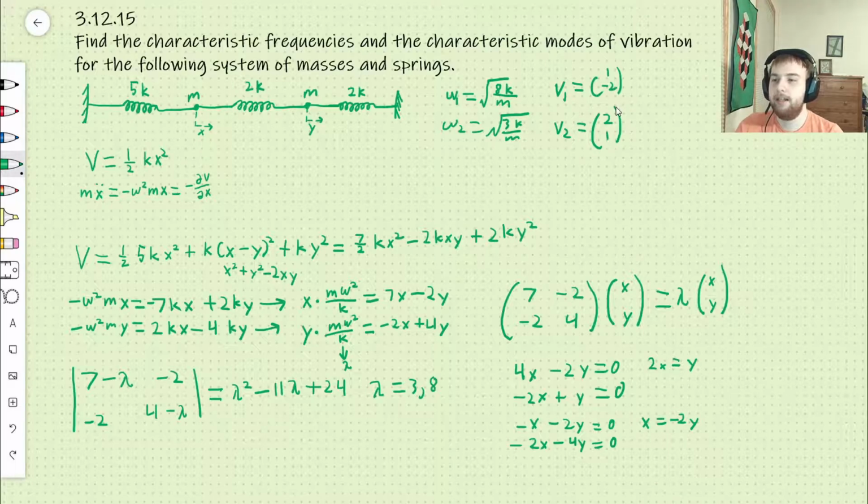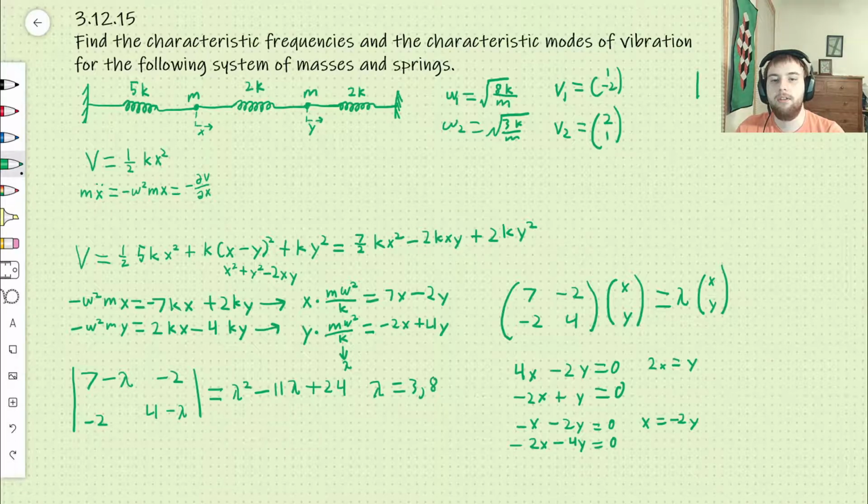Okay, and applying this to this problem here, what exactly does this mean? So we have our one mass here, our other mass here. Well, here, I'll draw a little better there. Okay, so this means that when our frequency is this here, and remember that the top one is x and the bottom one is y, if this goes over this amount, this other one is going over twice as much in the opposite direction.